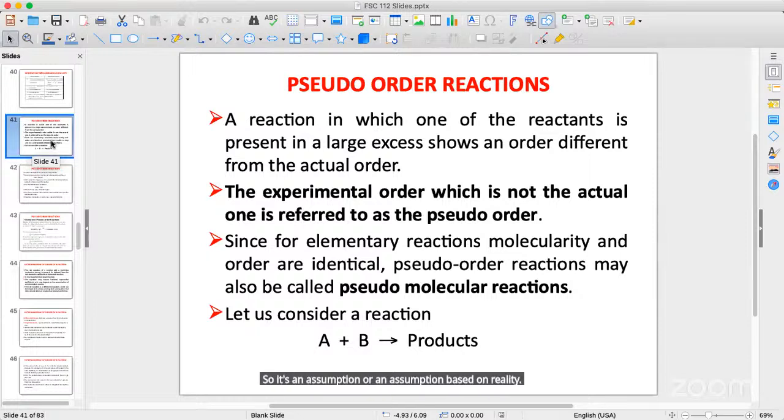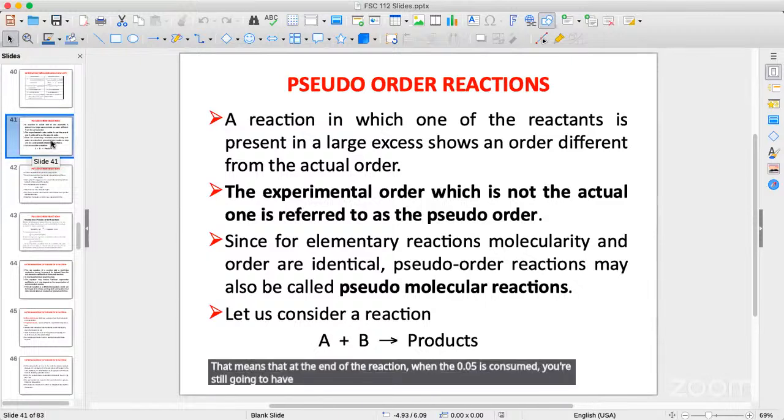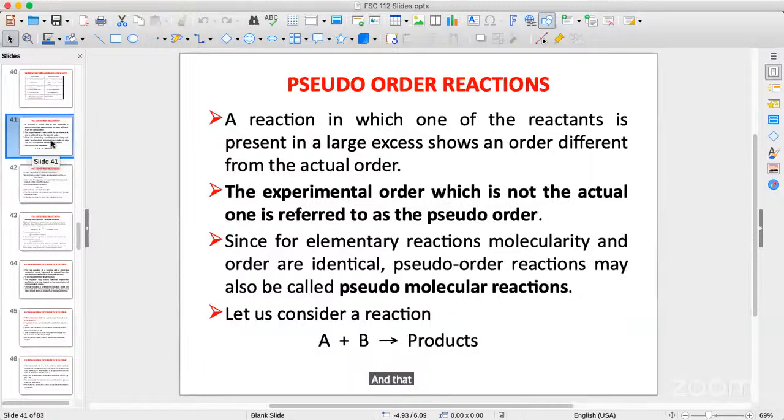You can have something like 0.05 and the other one is 1. That means that at the end of the reaction, when the 0.05 is consumed, you're still going to have 0.95 of the other one, which is approximately 1. And that's why you say that the concentration of B, the one in excess, is a constant.